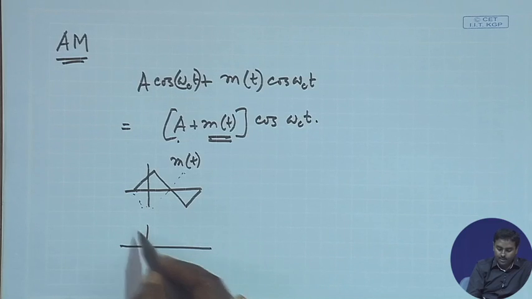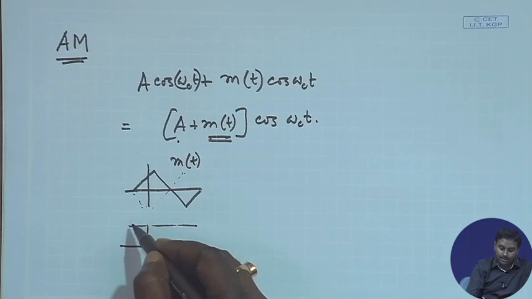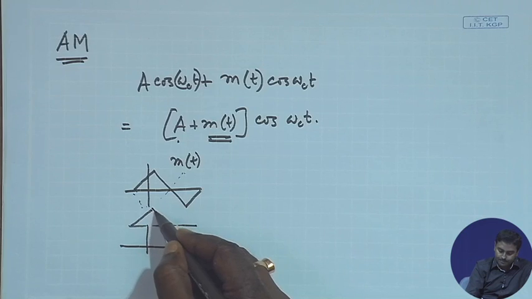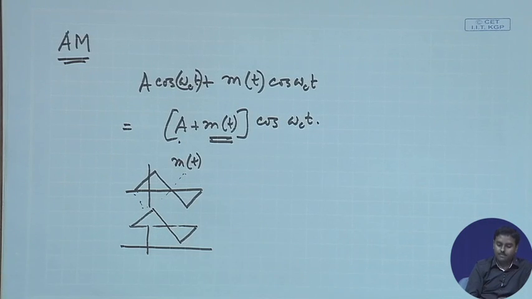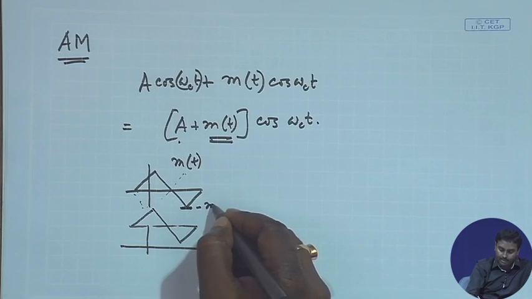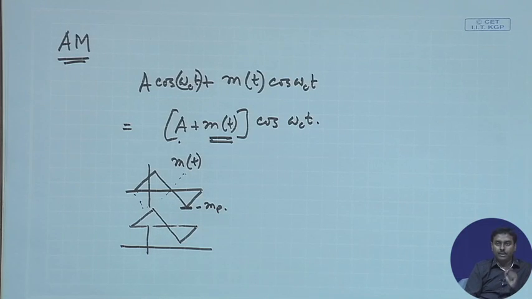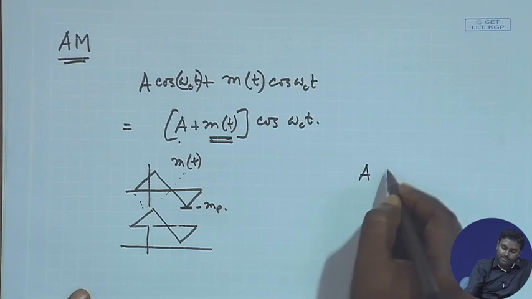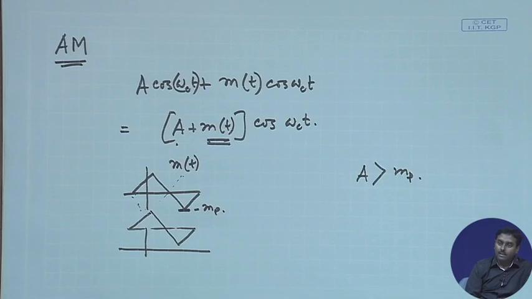So basically let's say that is A, so mt will be over this, and suppose this is the minimum which is called minus MP, okay, the minimum voltage of my message signal, and somehow my A is greater than this MP, then the entire signal will be above 0 level. So basically what I am trying to do is, I am trying to avoid any 0 crossing.